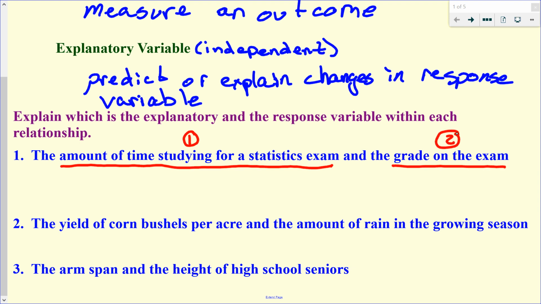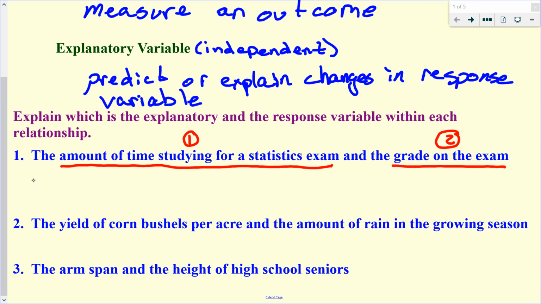Now, two variables, think logically, does one of them come before the other? Well, normally you study for an exam before you take the exam.